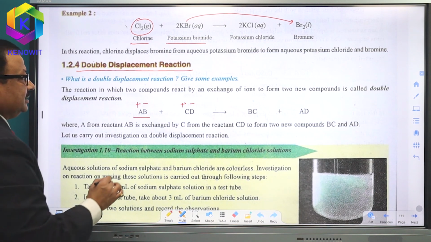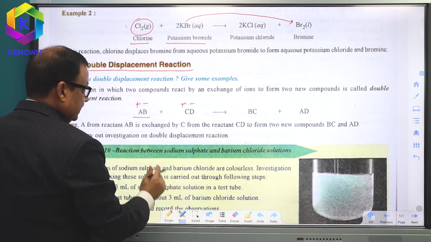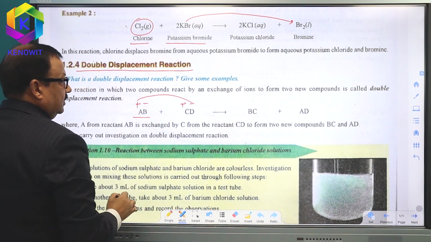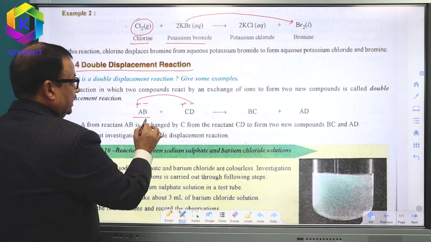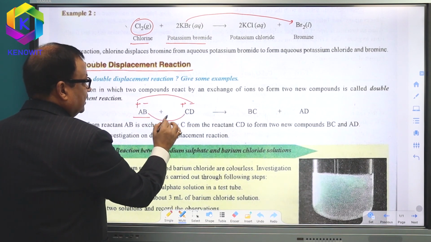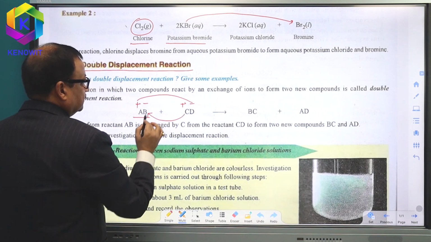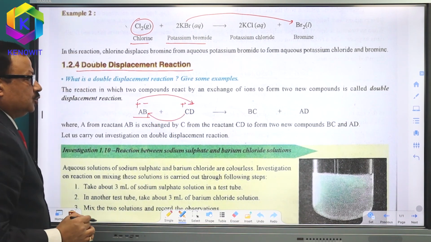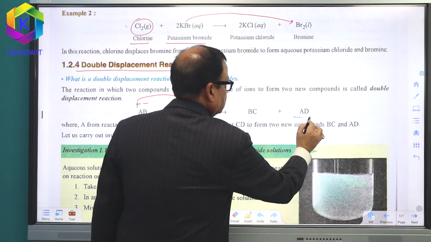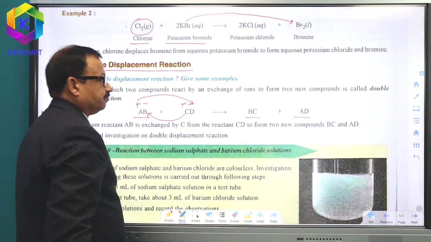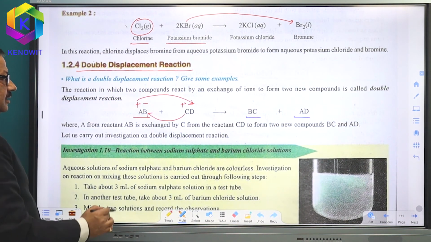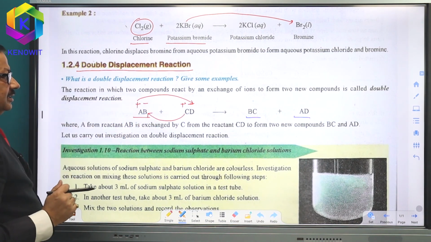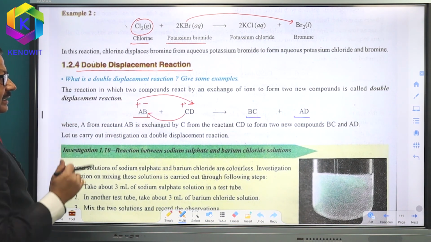So A combines with D, and B combines with C. So AD and BC are formed. So in this reaction, basically AB reacts with CD and gives BC plus AD.